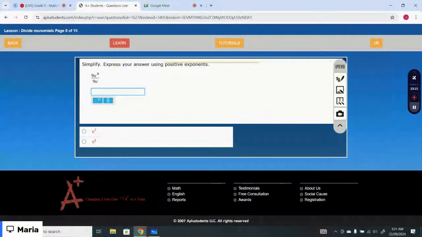The correct option is option number 1. That would be u exponent 7. Oh, you can complete the lesson by yourself later today. Let me just move on to the next lesson.